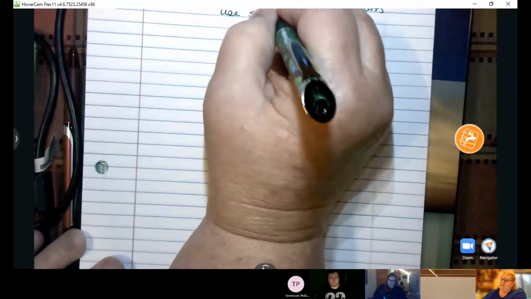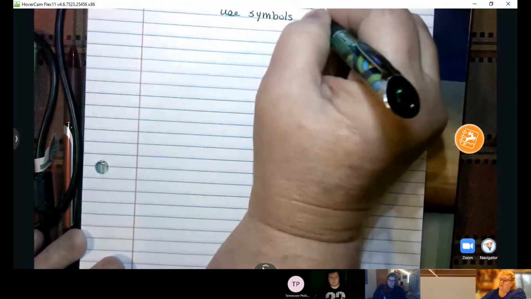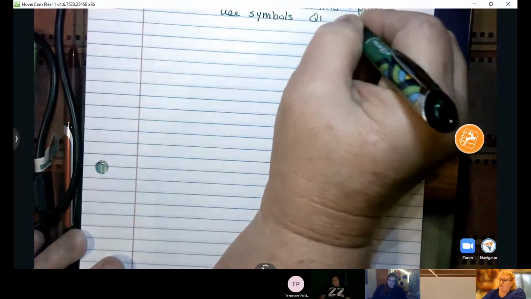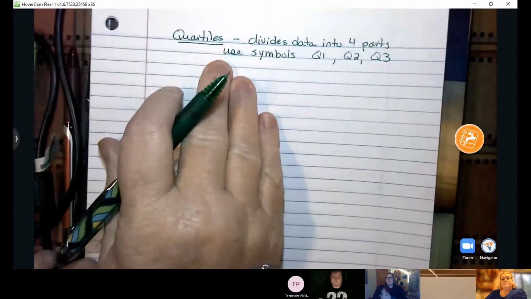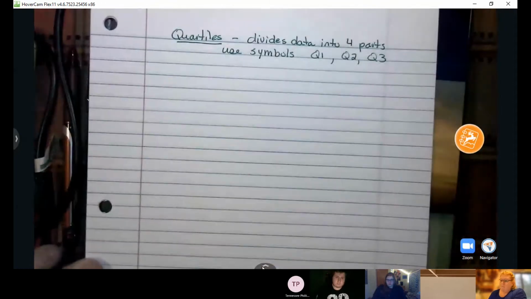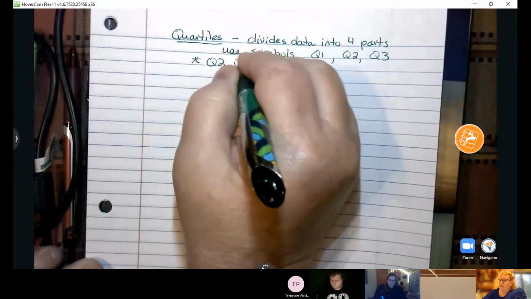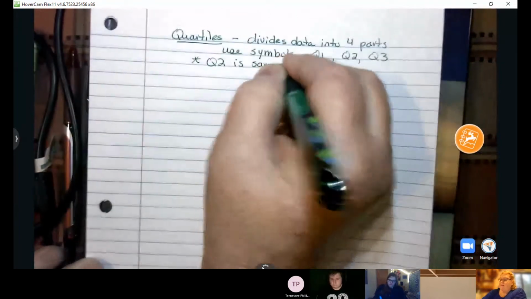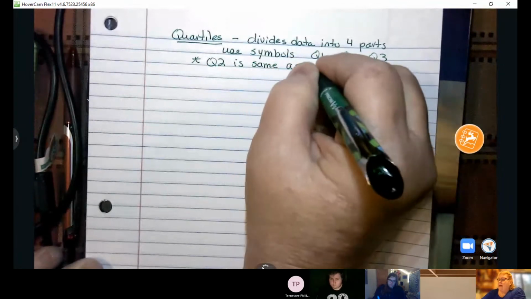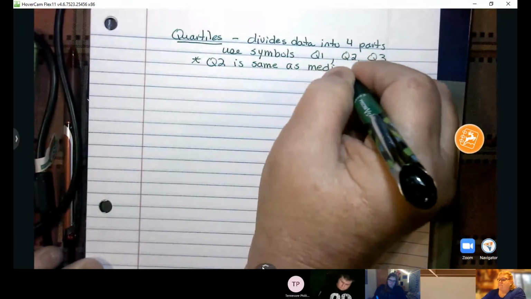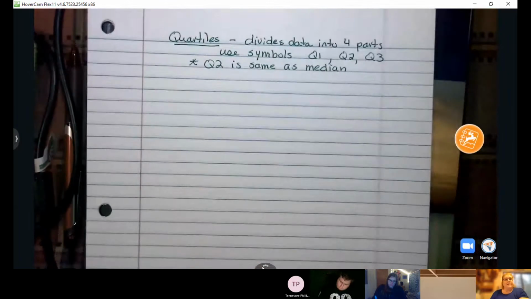We use the symbols and the terms quartile 1, quartile 2, and quartile 3 when we're talking about quartiles. Please note that quartile 2 is the same thing as the median. You find it the same way, it is the same value, they are the same thing.